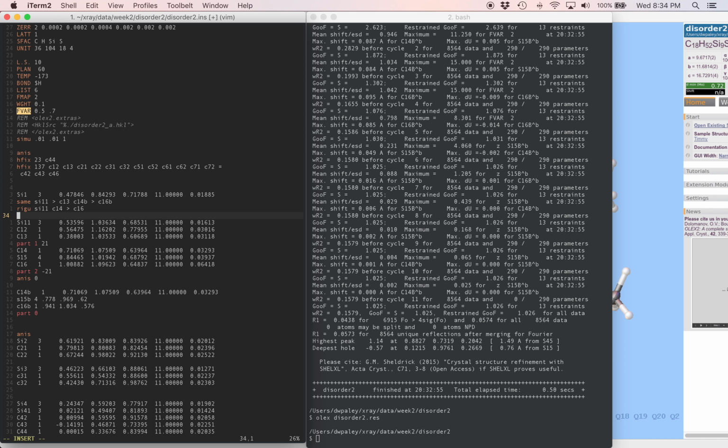And the minor component is isotropic right now, so RIGU is not going to work. Instead, I'm going to put a SIMU restraint with the default parameters. I won't write any numbers. I'll just write silicon 11, C14B through C16B.